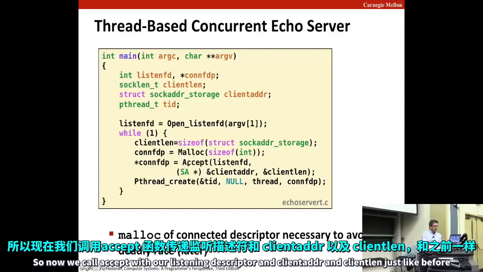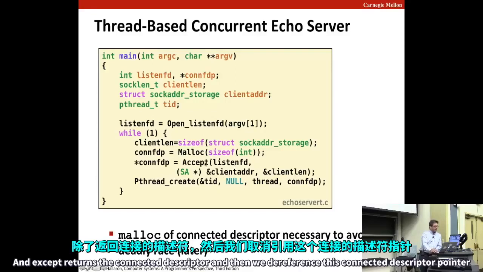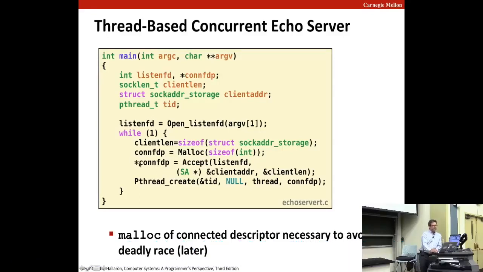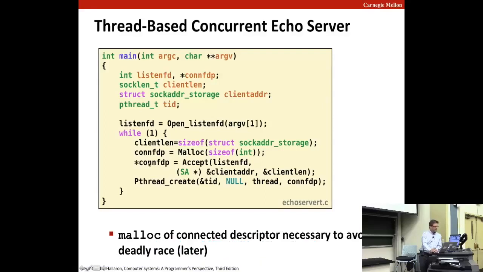Now we call accept with our listening descriptor, client address and client length, just like before. Accept returns the connected descriptor, and then we dereference this connected descriptor pointer and store the value returned by accept in this location in the heap.